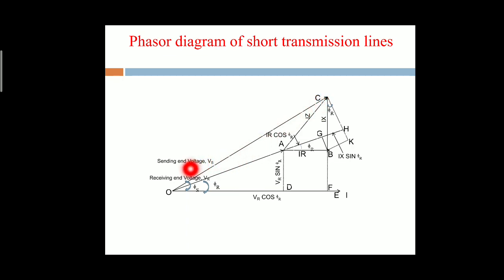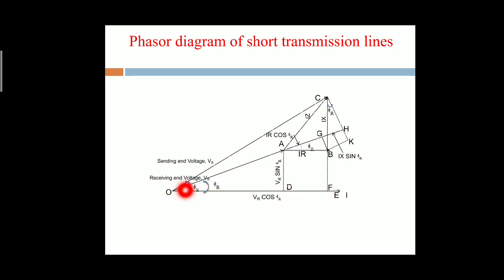Therefore, Vs equals OC, where OCF is the triangle. We know the formula: hypotenuse square equals opposite side square plus adjacent side square.